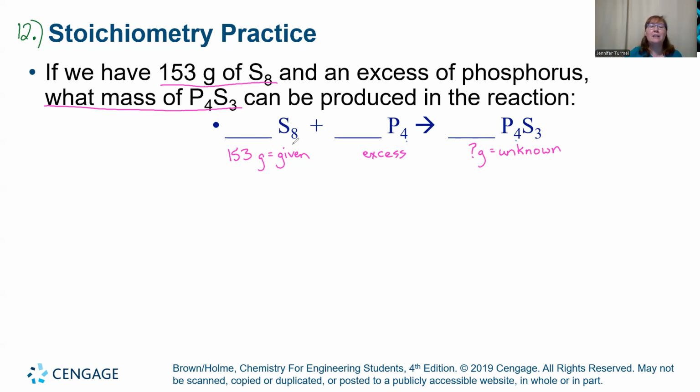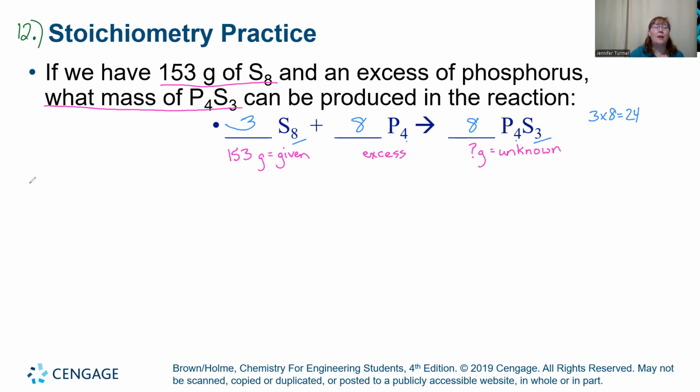I have 8 here and 3 here. The only way to make those balance is with 24, because 3 times 8 is 24, and that's the lowest possible one. So we'll put a 3 here and an 8 here. Now we have 24 sulfurs. And if we have 8 P4 here in our product, then we would need 8 P4 here in our reactants.